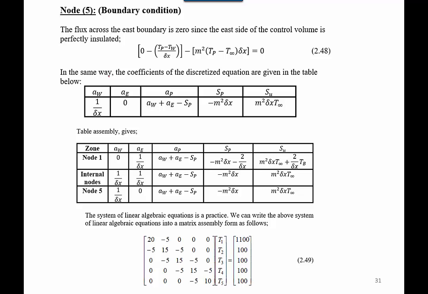So if we assemble the three tables, we will end with the general assembly table shown here, and if we substitute all the variables with the given numbers, we will end with 5 algebraic equations, and if we write them in matrix form, we will have a matrix system as shown in equation 249.